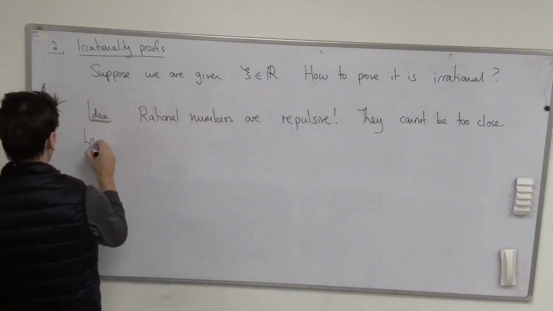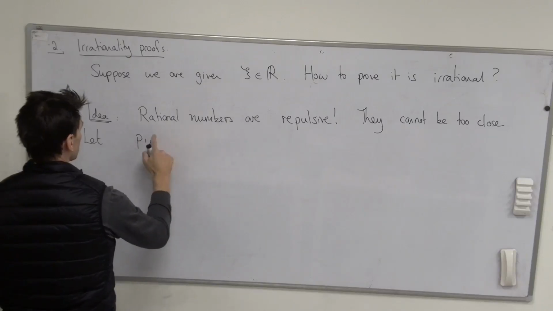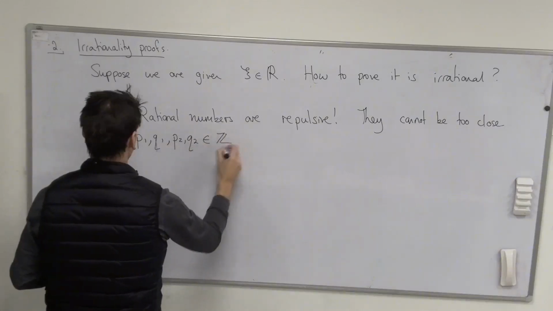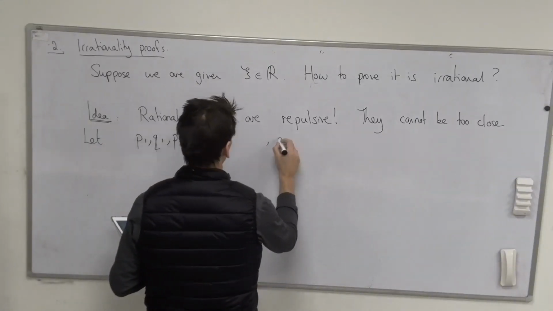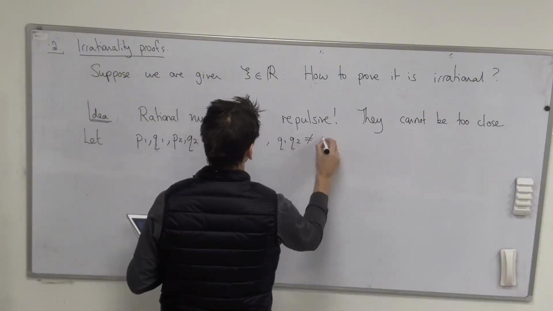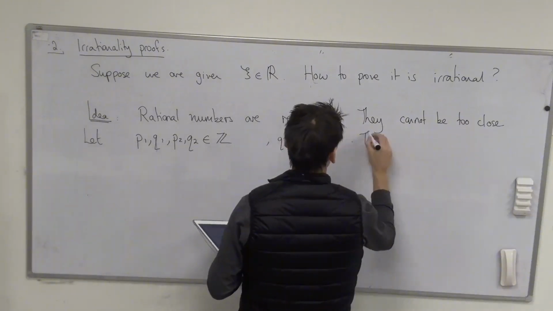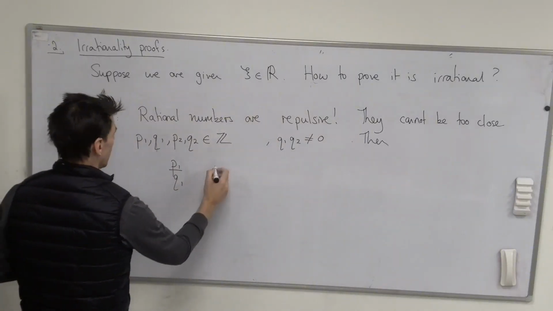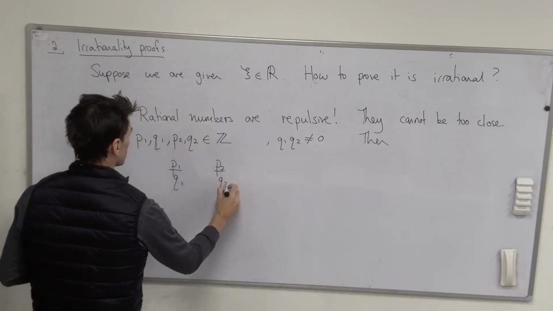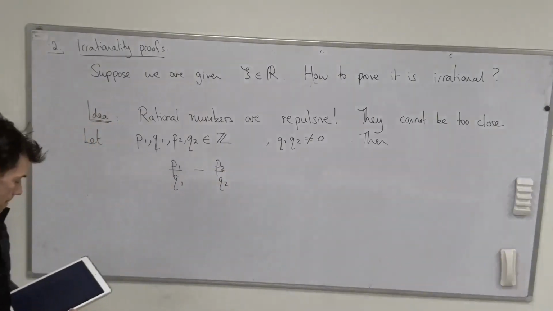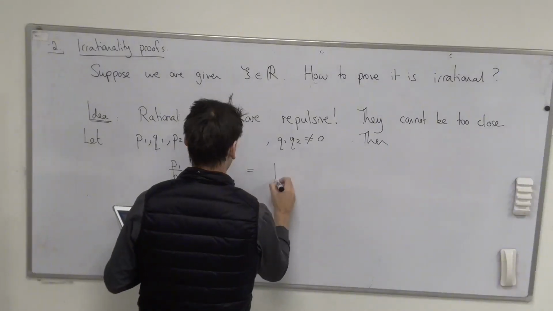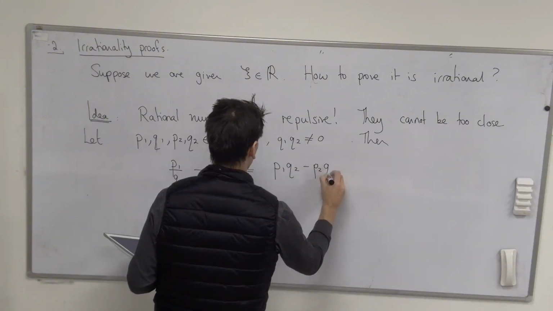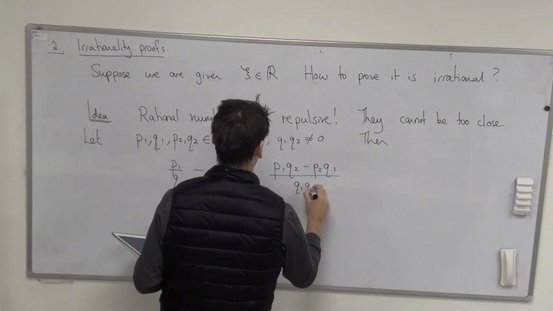But what this means more precisely is that if we have 4 integers, so I take two rational numbers, P1 over Q1 and P2 over Q2, and look at the difference between them, then obviously that's P1 Q2 minus P2 Q1 over Q1 Q2.